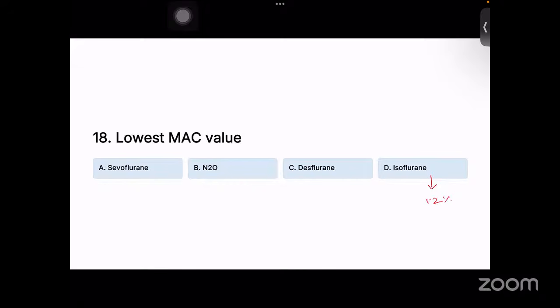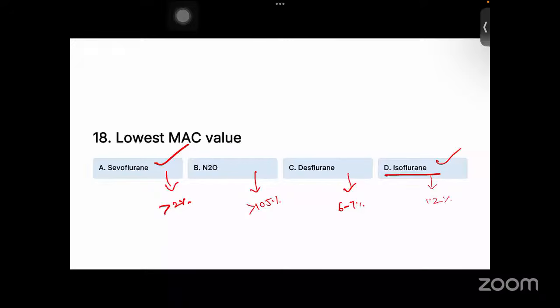And desflurane is having a MAC of 6 to 7%, and N2O is having the highest MAC of more than 100, which is 105%, and sevoflurane it is approximately 2%. So the competitors here with the lowest MAC value are sevoflurane and isoflurane. So isoflurane will go as the winner, okay, because it is the lowest and most potent.